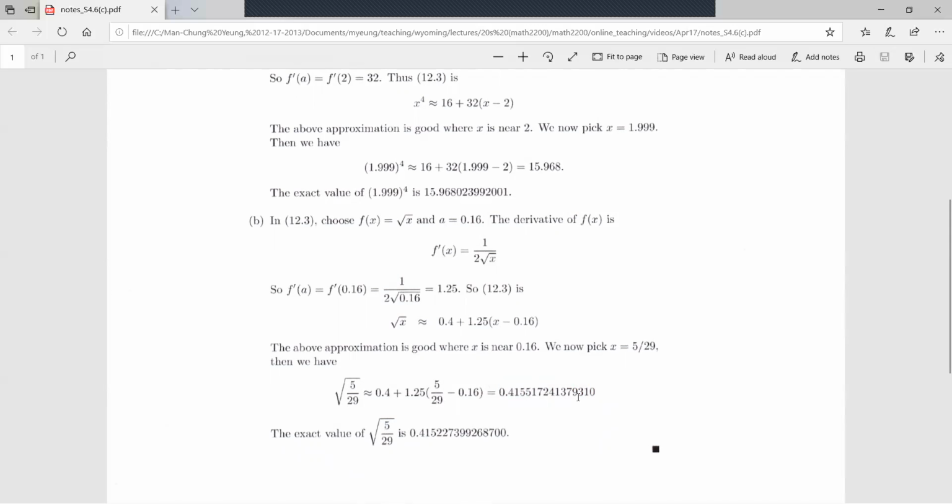How good is this approximation? Let's compute the exact value of this quantity. It is this number, the exact value. Now compare the tangent line approximation to the exact value.